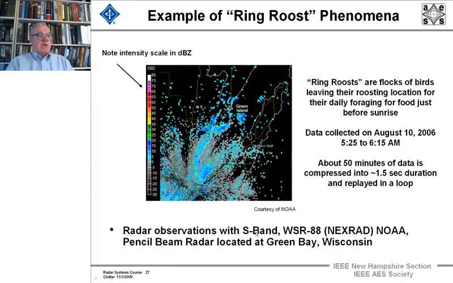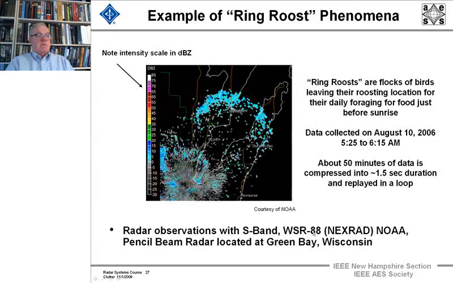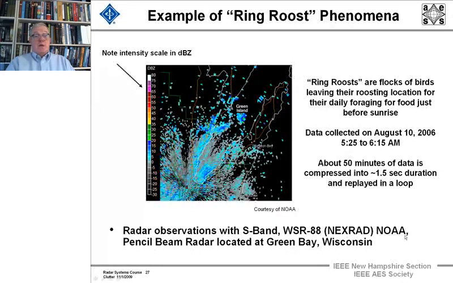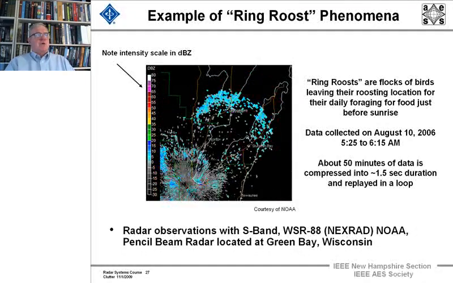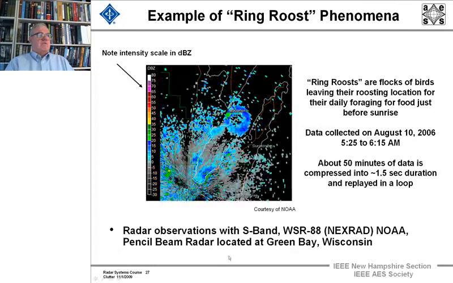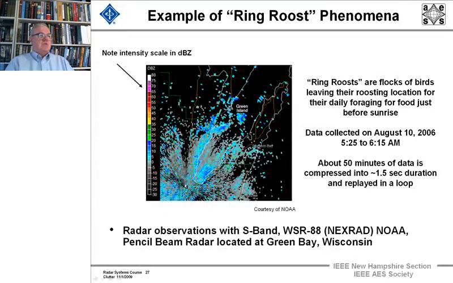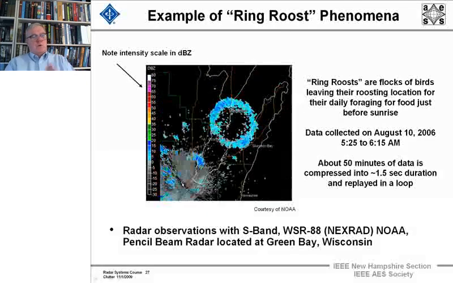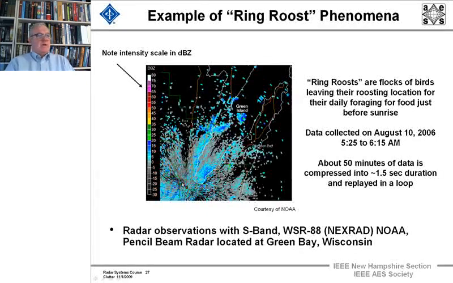And this data was taken with the S-band WSR-88, the next-generation radar that NOAA has. NOAA has on the order of 200 of these radars throughout the country, and they're used to evaluate storms, what the weather's going to be, that sort of thing.